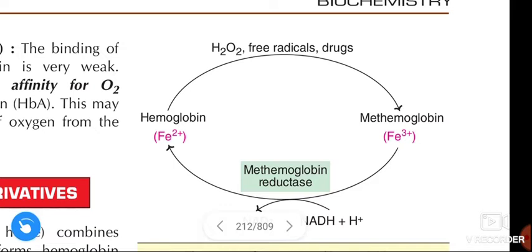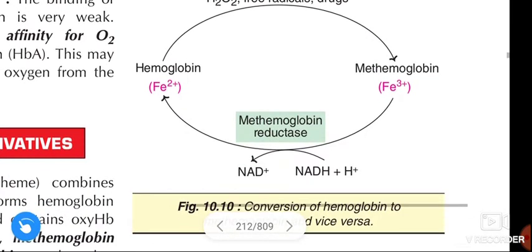In normal individuals, this occasional oxidation of hemoglobin to methemoglobin is corrected by the enzyme methemoglobin reductase.